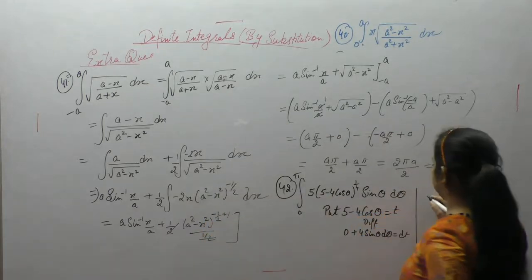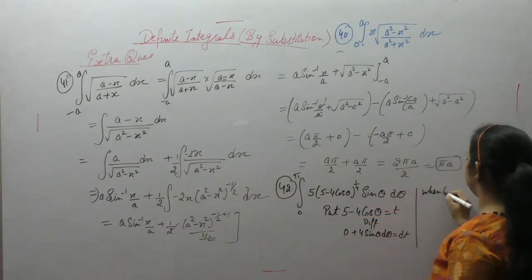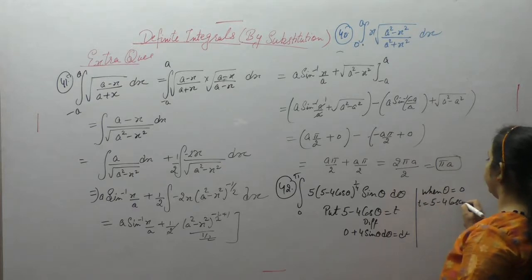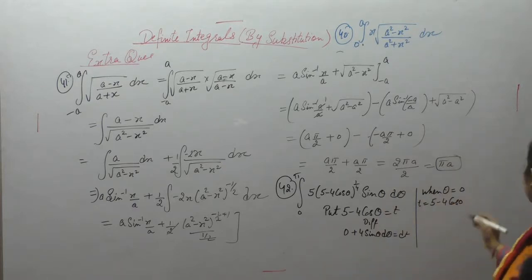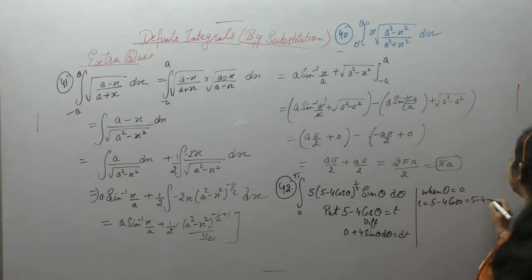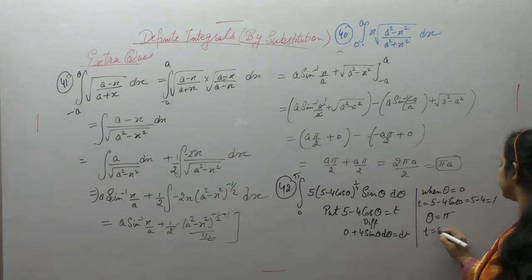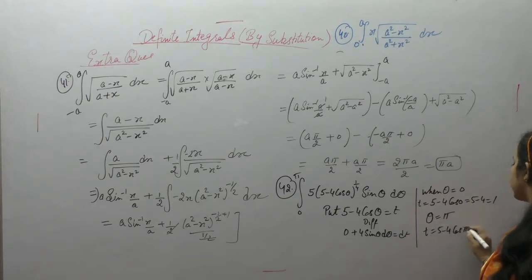Now when theta is 0, 5 minus 4 cos 0, value of cos 0 is 1, and when theta is pi, cos of pi is minus 1.